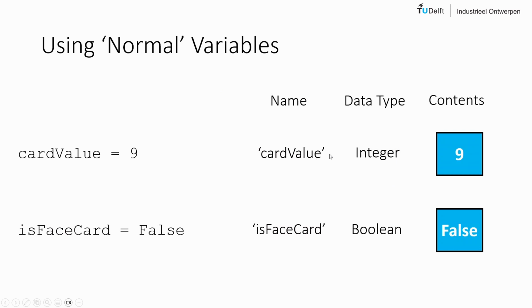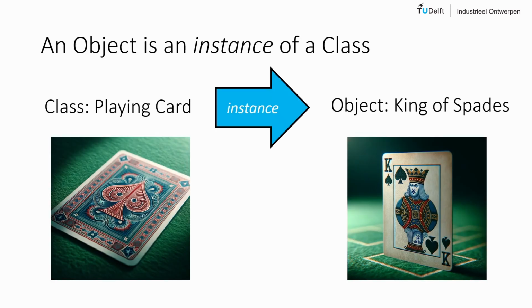Here we have an instance of an integer variable called card value, and an instance of a Boolean variable called isFaceCard. I suppose we don't typically use the instance terminology for normal variables, but it's the same thing. Here we have an instance of a playing card class or type, and this particular one is the king of spades, so we call it king of spades.